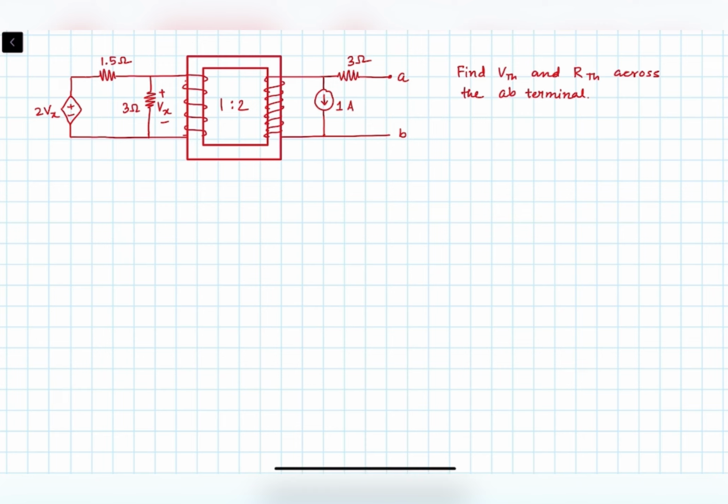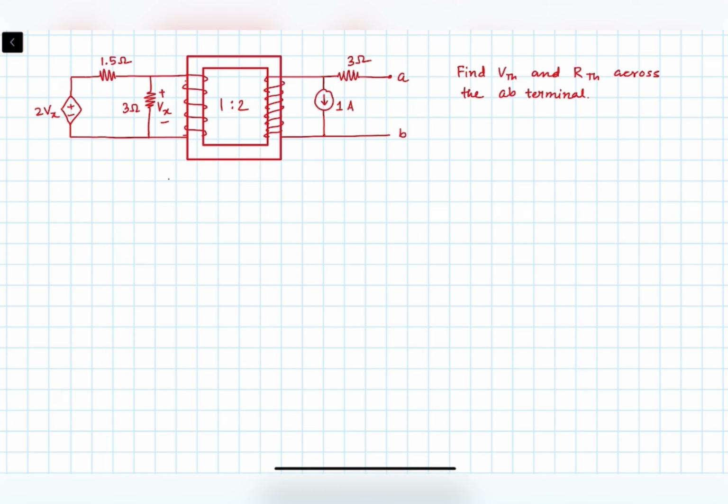Now, how to transfer the components from the primary side to the secondary side, that I will explain in some other video. As of now, I am just going to tell you the formulas and I'll explain this problem. Okay. So, in this transformer, you can see the turns ratio is 1:2.